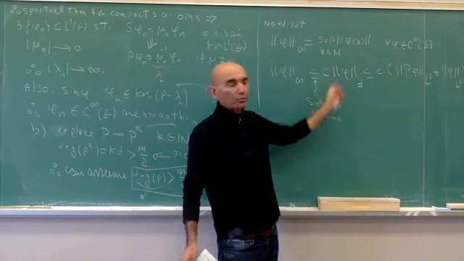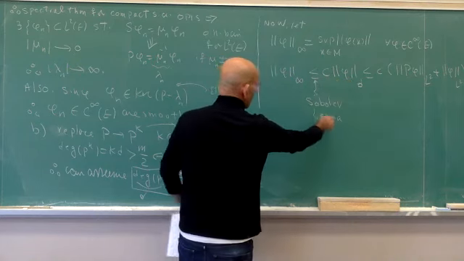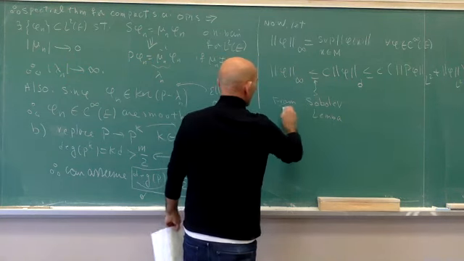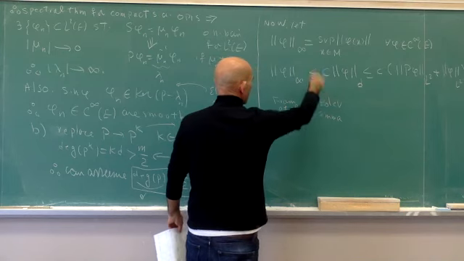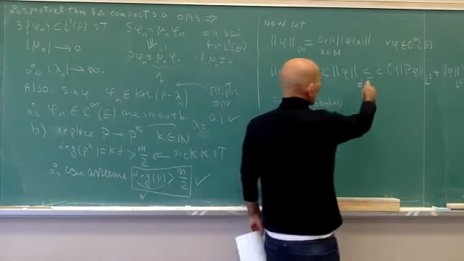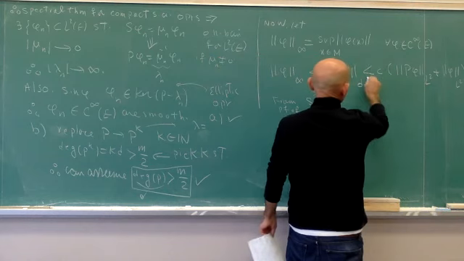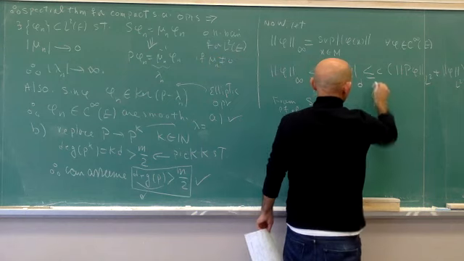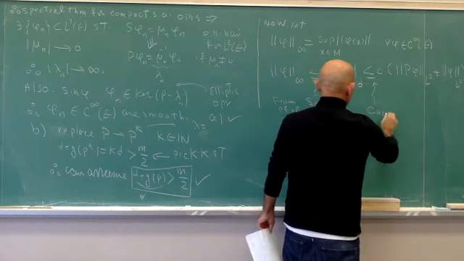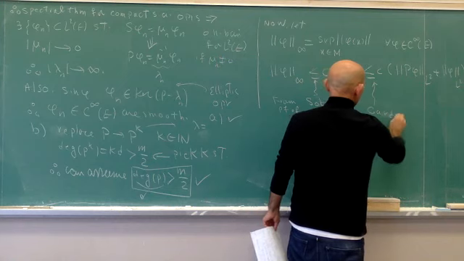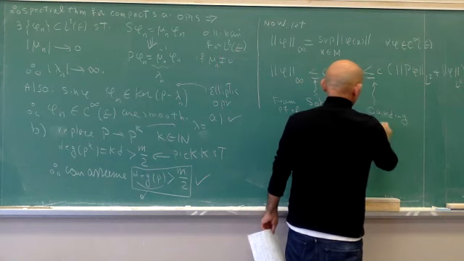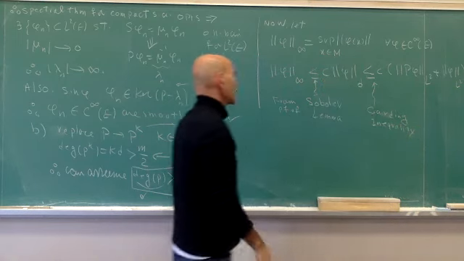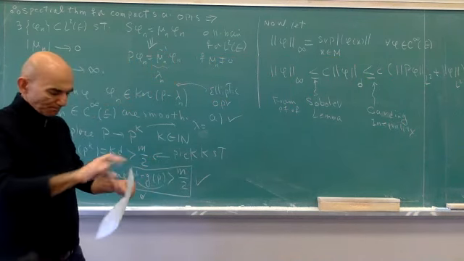So maybe I should say from the proof of the Sobolev lemma, you have that. I'm not sure I called it Garding's inequality, but this is what we proved. So this is the standard Garding inequality. Okay, so we have this estimate.